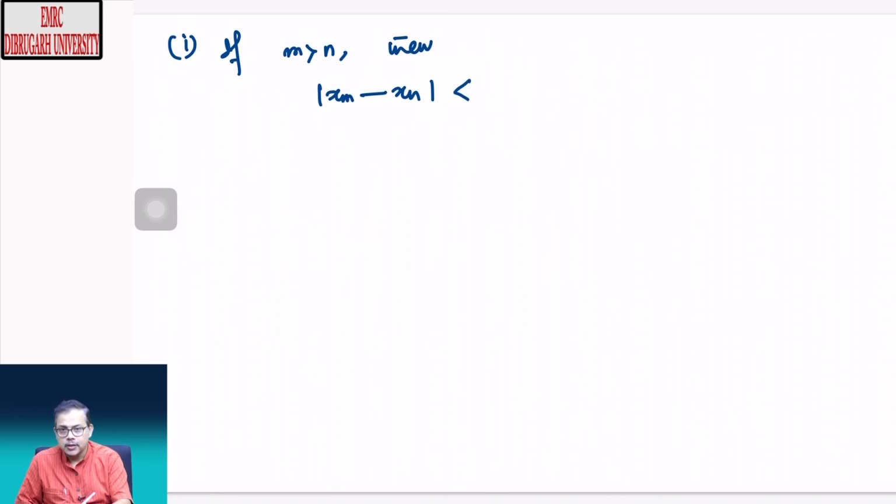For the proof of these two corollaries, the first one is, in the proof of the previous result we had, if m greater than n, then |x_m - x_n| is less than or equal to C^{n-1}/(1 - C) multiplied with |x_2 - x_1|.